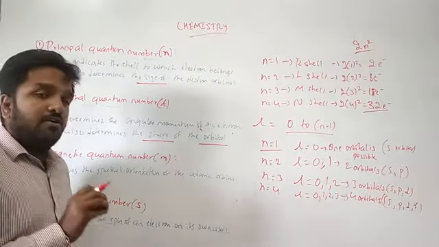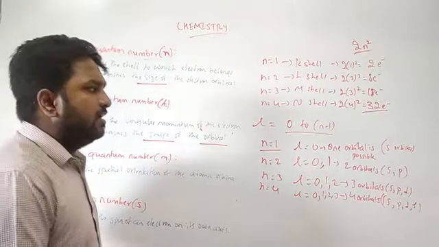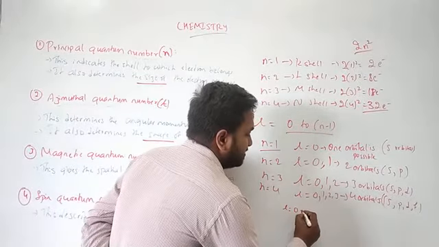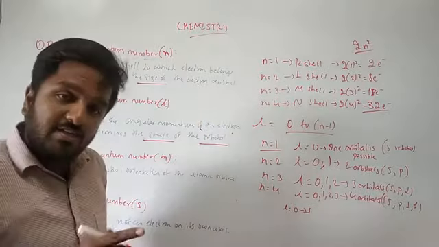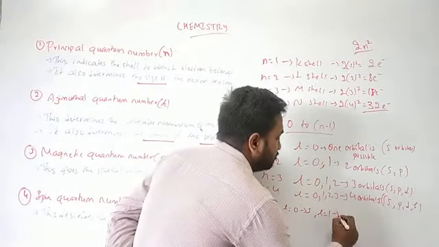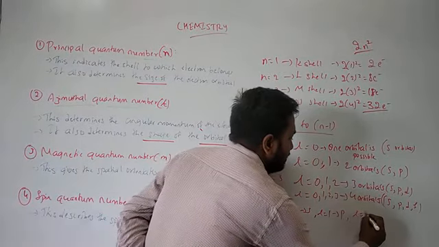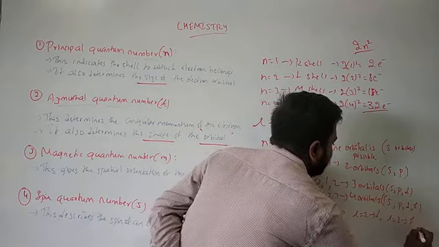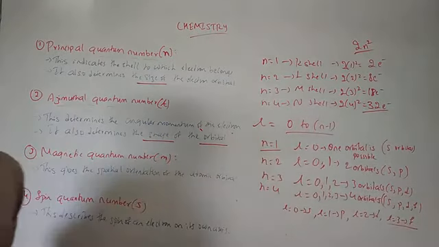In case of the azimuthal quantum number, L value 0 means it is the S orbital, that means the subshell. If the L value is 1, it is the P orbital. L value 2 is the D orbital. L value 3 is the F orbital. Clear?